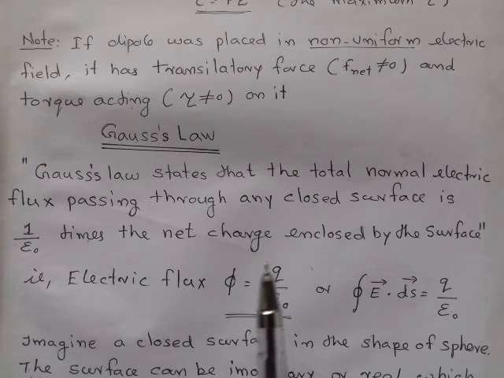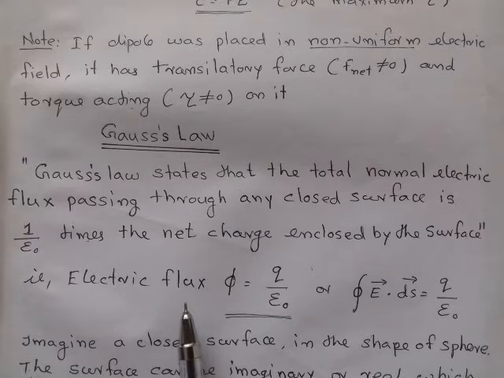That is, electric flux, represented by the letter phi, is Q by epsilon 0. If there is a surface where at every point the electric field is E, we can write it as closed integral E dot ds equal to Q by epsilon 0.